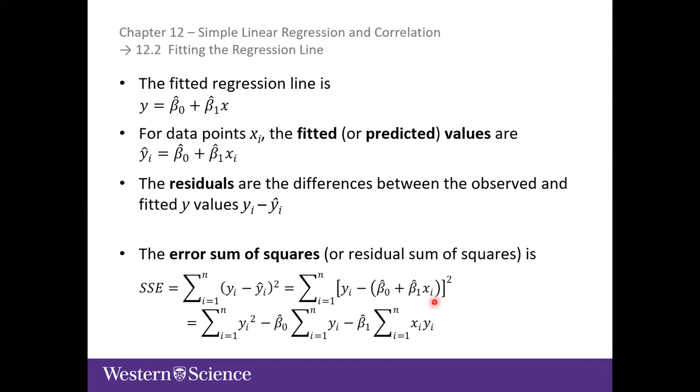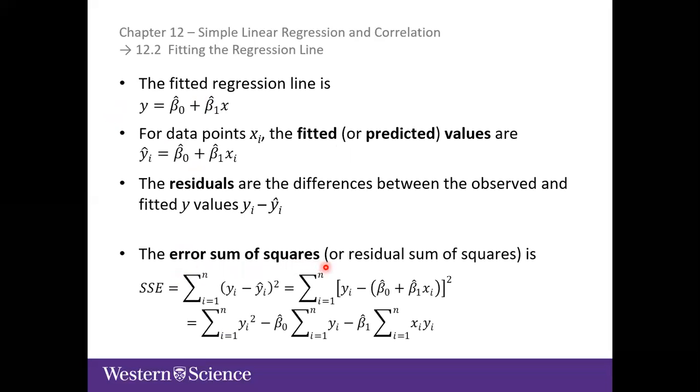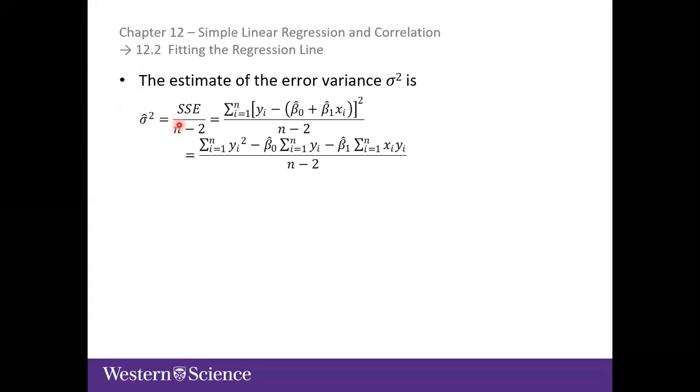We can expand all of those with the y term, the y square term, the yi term, and the cross term. The estimated error variance based on the regression analysis is essentially SSE, the error sum of squares: the difference of the observation minus the fitted value, squared, and then summed, divided by n minus 2.